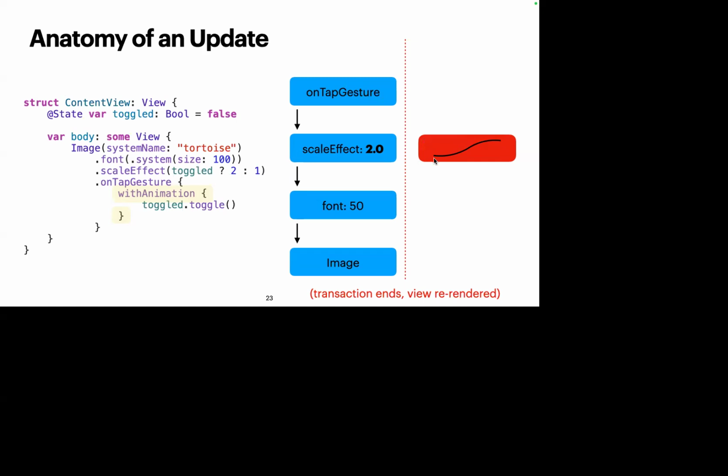So you can think of the x-axis as time proceeding, and the y-axis as the value of the scale effect. We start at 1.0, and then we want to end at 2.0 right here. And as time progresses, the values go from 1.0, 1.01, 1.05, all the way to 2.0 via this curve.